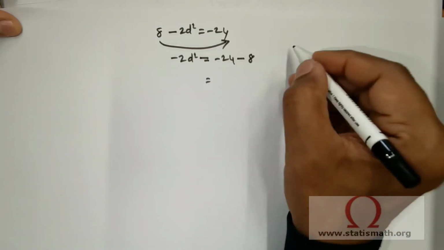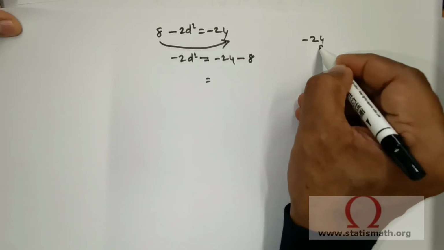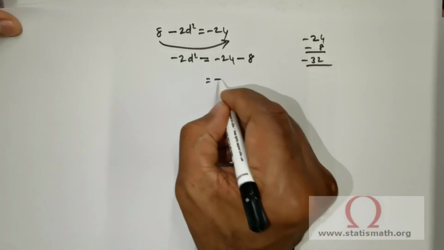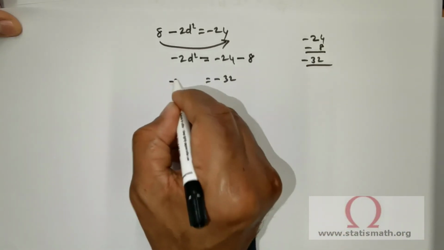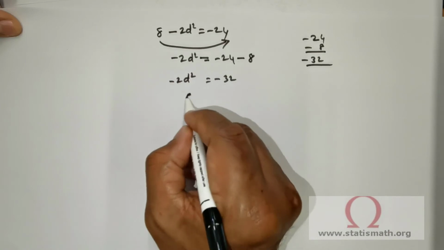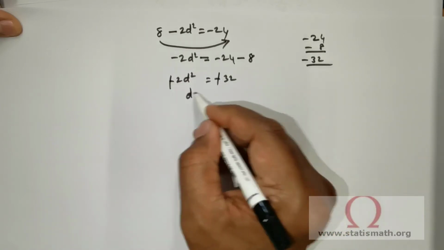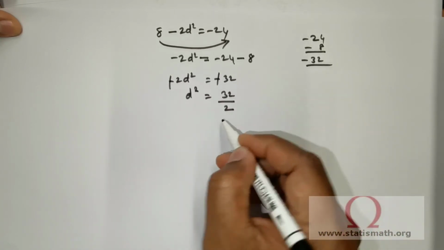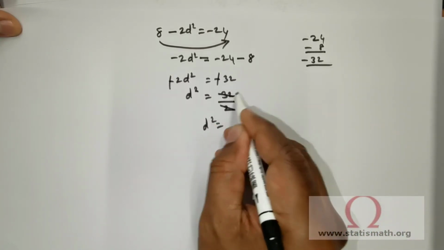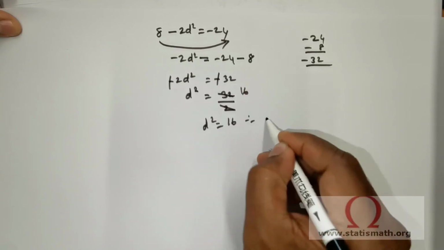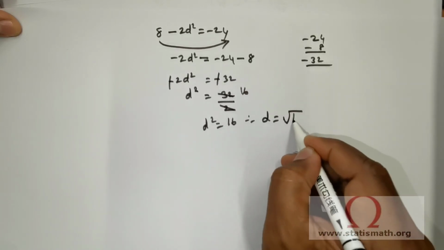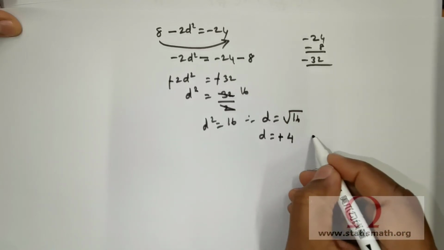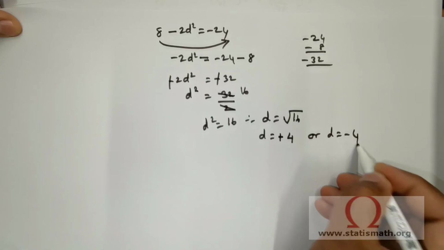So when we add 24 to 8, we would get negative 32. So negative 32 on the right, you got negative 2d squared. These two signs can be cancelled, giving me d squared is equal to 32 divided by 2, which is 16. So therefore d is equal to root of 16. So you get d is equal to plus 4 or d is equal to minus 4.